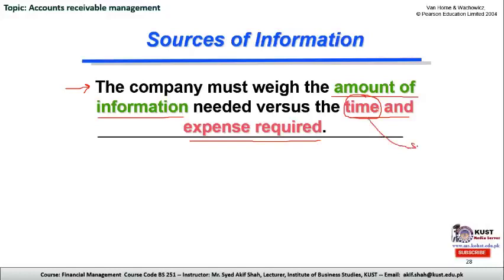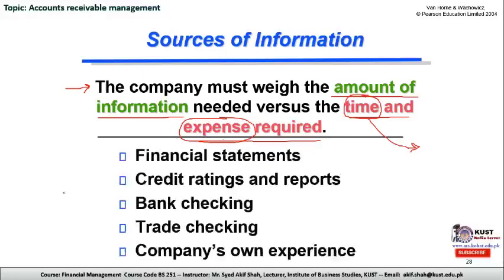So one should not waste this time, because time does not stop for anybody. Utilizing our time on collecting information about the credit applicant which is not worthwhile will definitely waste our precious time. Secondly, the company is definitely going to bear certain expenses to obtain that information. What those expenses are will be discussed shortly.